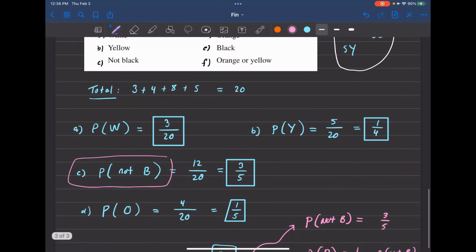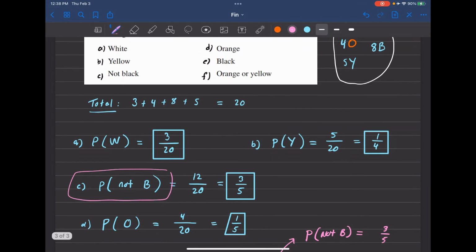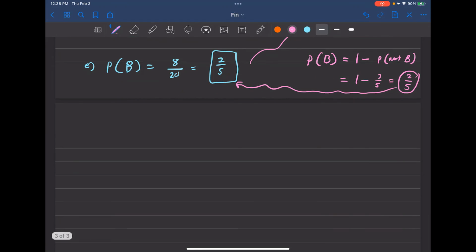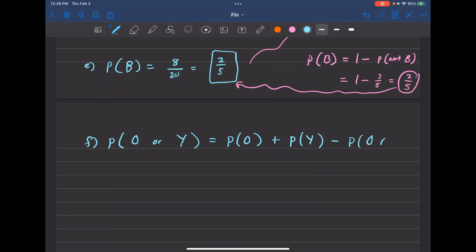Now the last example we're going to do is either orange or yellow. Let's take a look at that one. The probability that we're going to get an orange or yellow, you can write as the probability of getting orange plus the probability of getting yellow minus the probability of orange and yellow. This is another formula that you might have seen when it comes to an or statement, getting this or that.